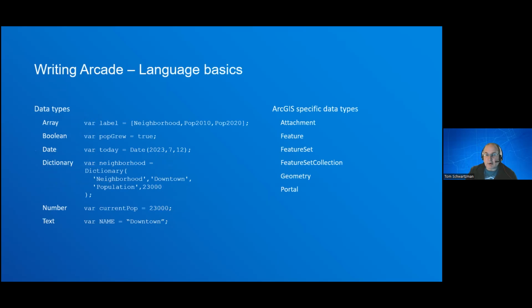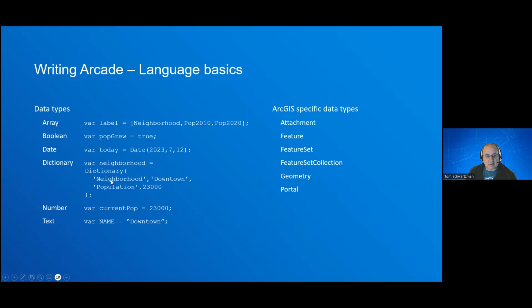Like any programming language, we'll go through a little bit of the basics. I'm not trying to teach you how to program, but if you've done any programming at all, you're familiar with the idea that some variables hold text, like downtown at the bottom here, some hold a number, and some can hold a dictionary, which you can think of as paired name and value pairs.